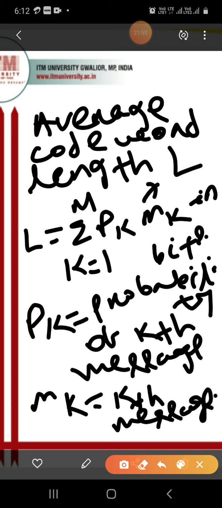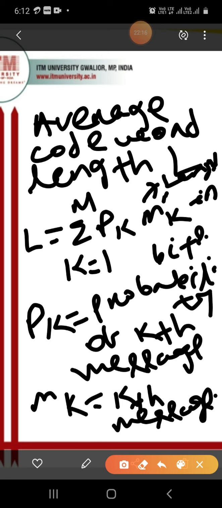Here length of mk. L is the sum over k equal to 1 to M of pk into length of mk in bits. So this is the length.